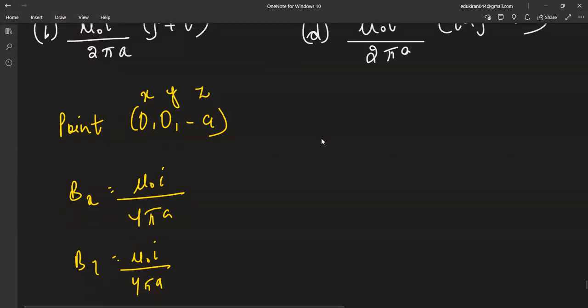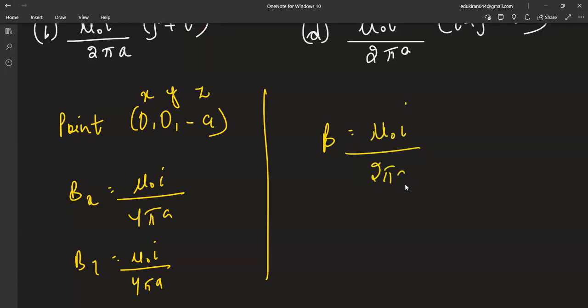This is clear, I hope, the magnitude which is mu naught I by 2 pi a. Now let me draw the figure properly so it will be clear to you.